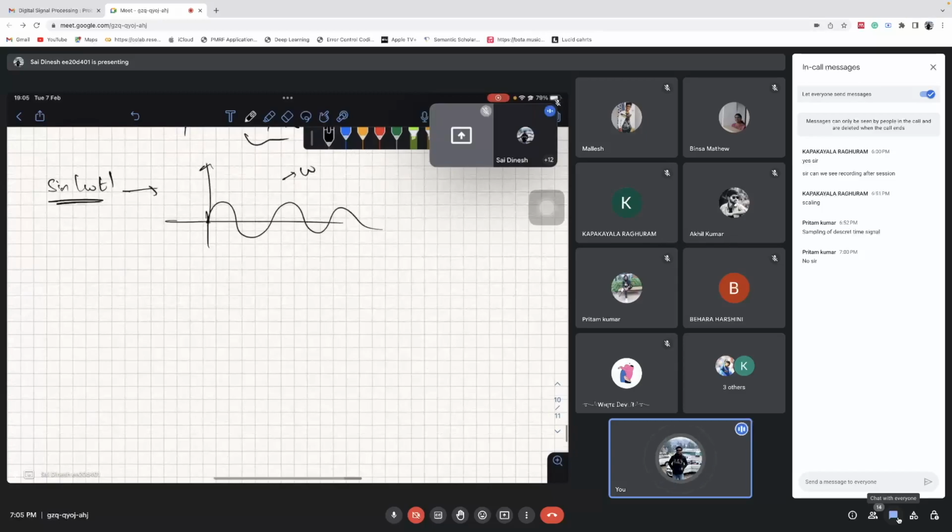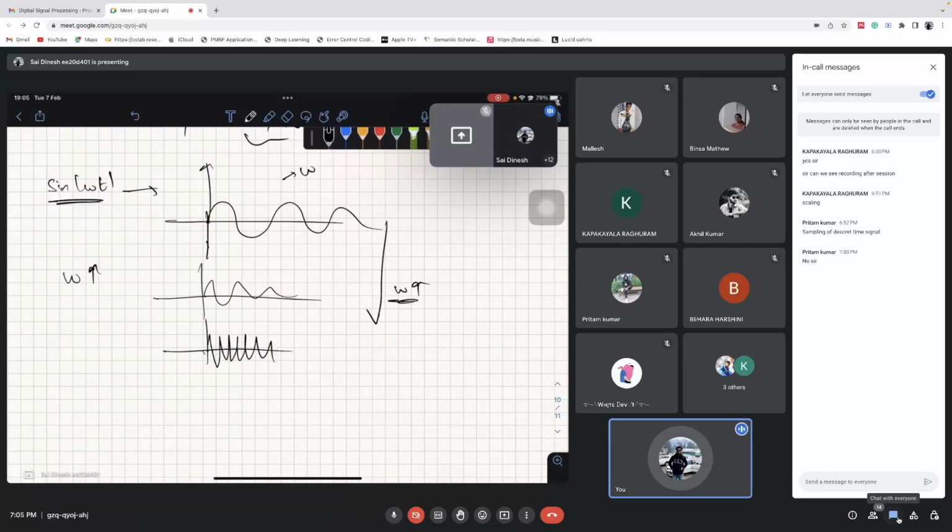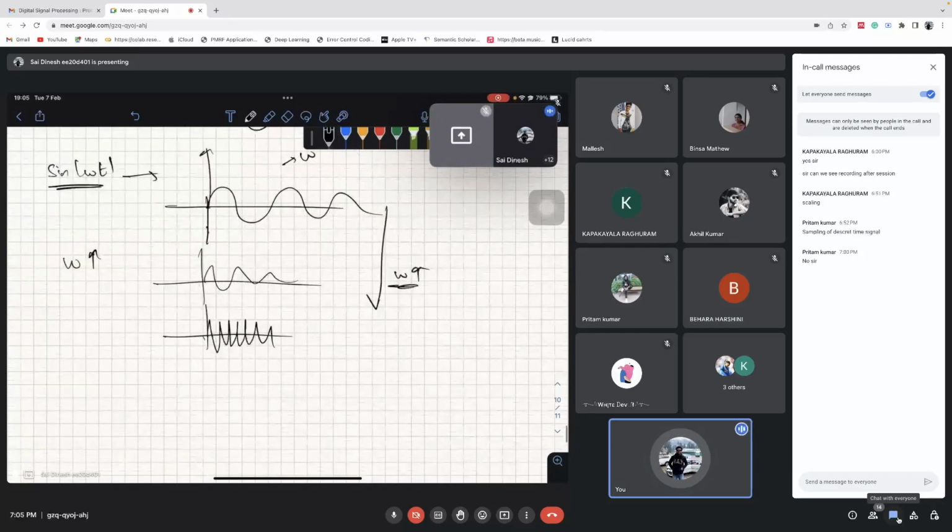Now if we keep increasing omega naught, we get faster and faster signals, and we can keep on increasing the frequency. But in the case of a discrete time signal, this is not possible, because after a point the signal repeats itself.